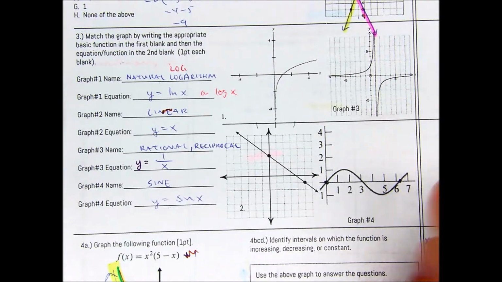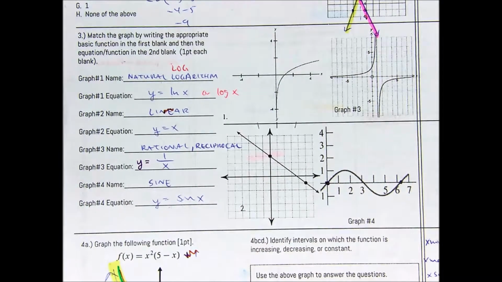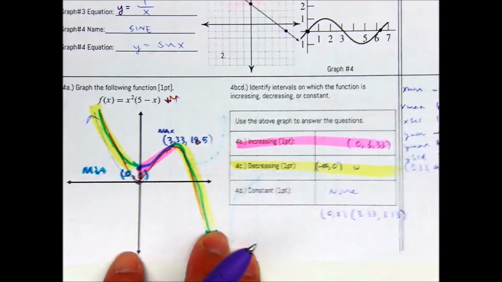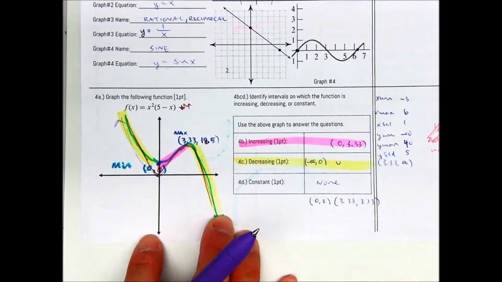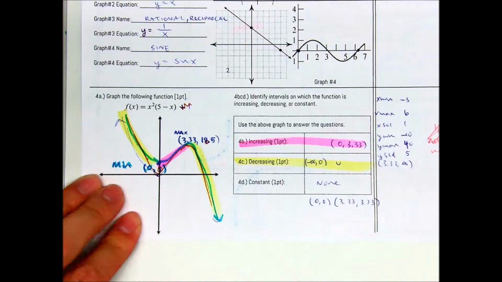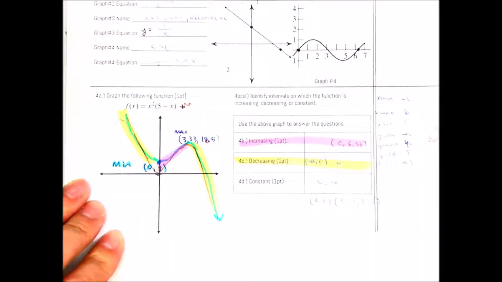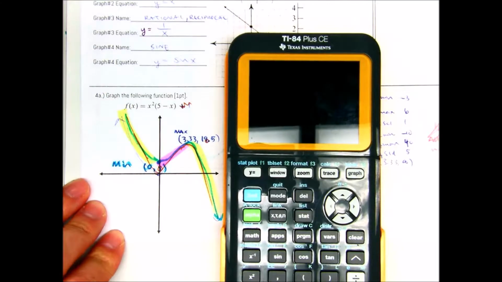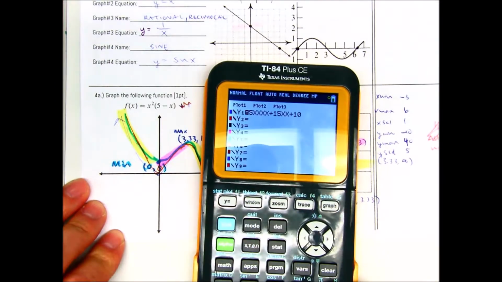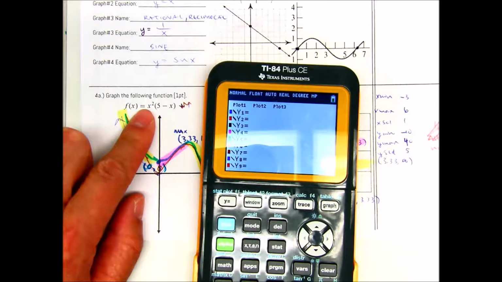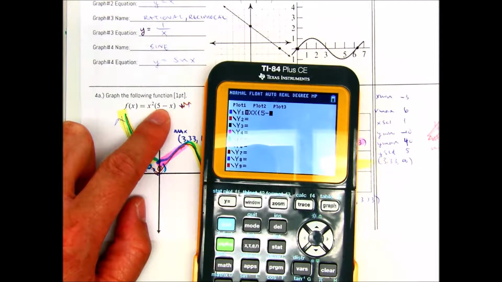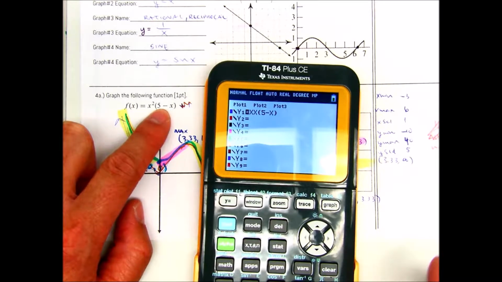Question number 4, graph the function. So let me put this in the graphing calculator. I'm going to clear that, x squared, 5 minus x, and then I do zoom 6, and that's what my graph looks like.